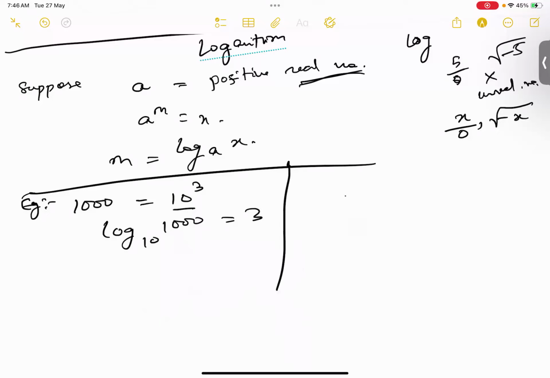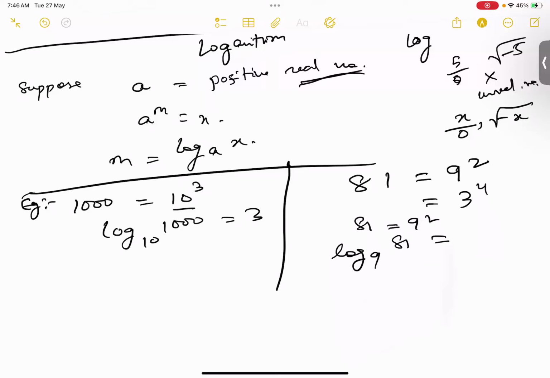Now suppose we have a number, say 81. We know that 81 is 9 squared, or it can be 3 to the power 4. If 81 is considered as 9 squared, then we'll write it as logarithm base 9 of 81 is equal to 2.